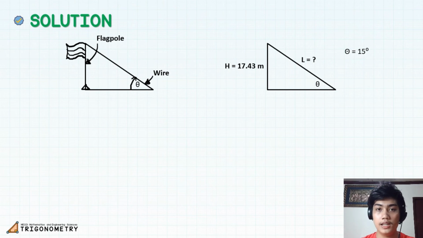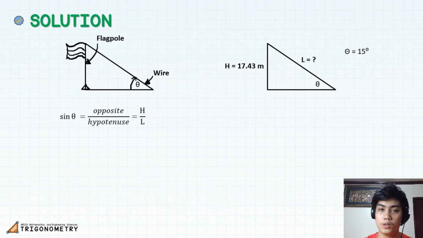As we can see in the figure at the right, it is a right triangle, which means we can use our trigonometric functions, SOHCAHTOA. The one we can use to get L is sine theta, which is equal to the opposite divided by the hypotenuse.